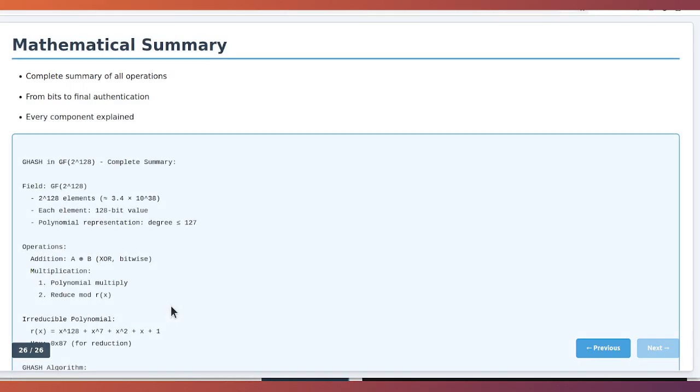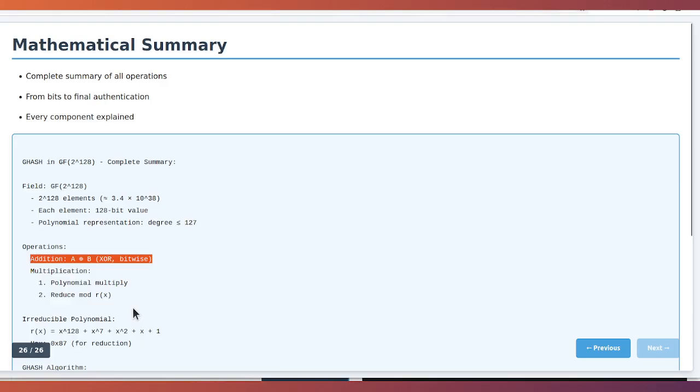Mathematical summary and conclusion. Let's summarize all the mathematical components of GHASH in GF of 2 to the 128th power. The GF of 2 to the 128th power field contains 2 to the 128th power elements, each represented as a 128-bit value, or equivalently, as a polynomial of degree at most 127 with binary coefficients. Addition is performed using XOR, the bitwise exclusive OR operation.